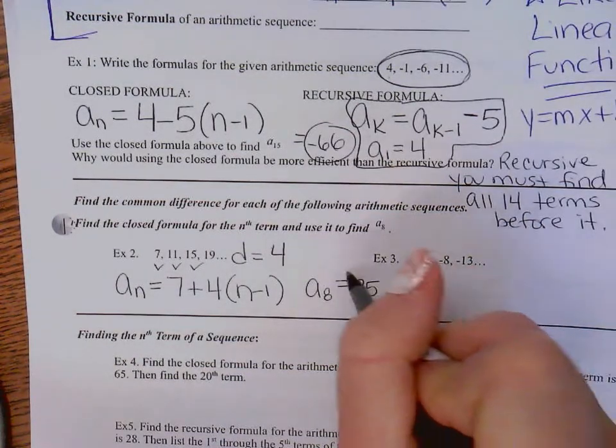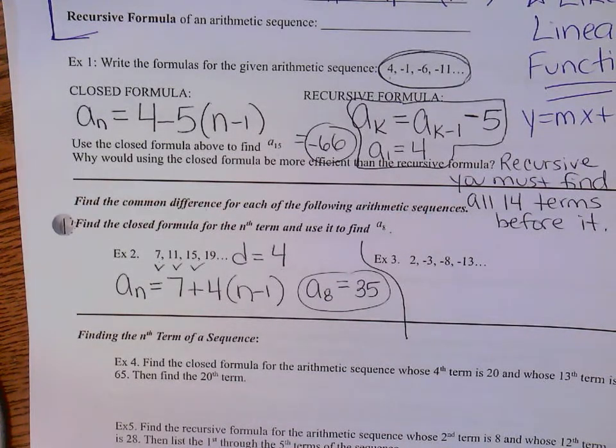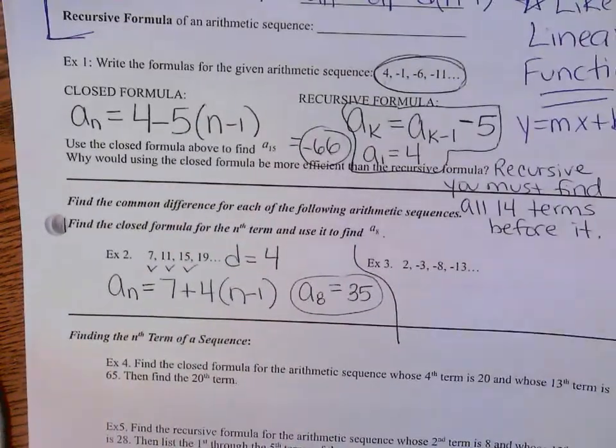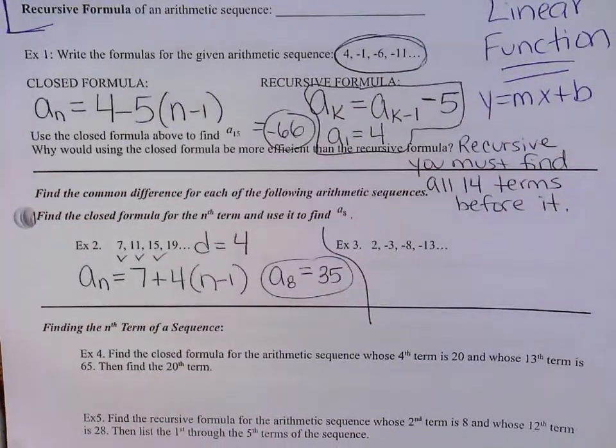See if you can write the formula for yourself, find the common difference, generate the 8th term. And there's some practice on the back that will allow you to kind of practice this skill too. And we just need to know this formula.